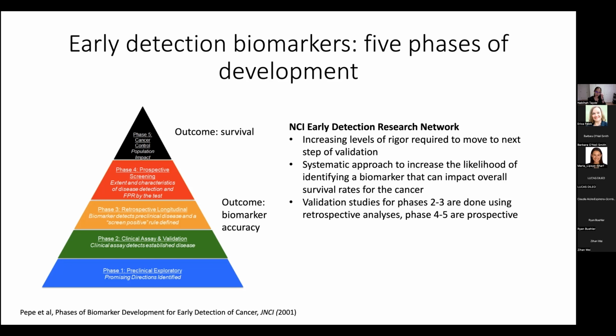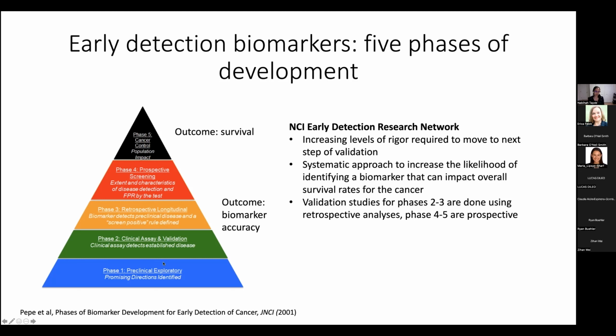Although this is specific to early detection, and I'll go through other examples, the ideas and the concepts apply regardless of where you're applying the biomarker on the cancer continuum. So for example, in the context of early detection, the NCI's Early Detection Research Network came up with the 5 phases of development. The idea is you increase the level of rigor required to move to the next step.